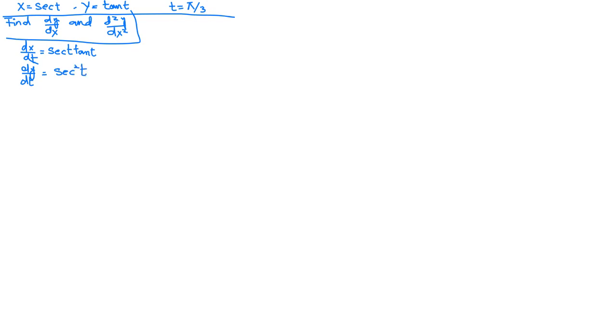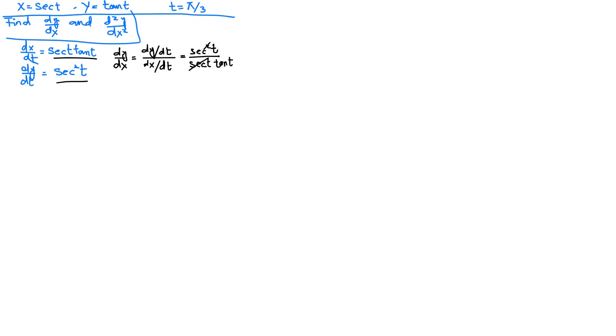So we have a formula for the first derivative: dy over dx is equal to dy over dt divided by dx over dt. Substitute these two values here: secant square t divided by secant t into tangent t.